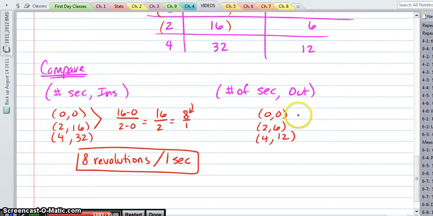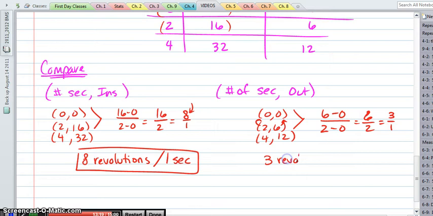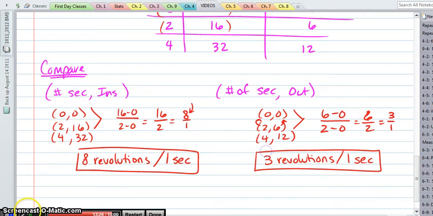Here for our number of seconds with the outside track revolutions, we have 6 minus 0 over 2 minus 0. That gives us 6 over 2, which is 3 over 1. And again, with our outside tracks, we're talking revolutions here. We have 3 revolutions for our outside tracks per second in this case.